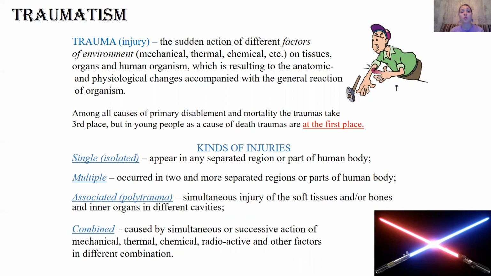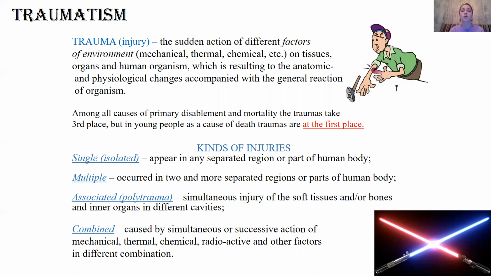What about the kinds of injuries? We need to know single or isolated injury, which appears in any separate region or part of the human body. Multiple injury occurs in two or more separate regions or parts of the human body. Associated injury or polytrauma is simultaneous injury of the soft tissue and or bones and inner organs in different cavities.